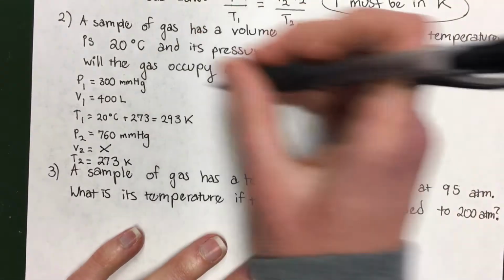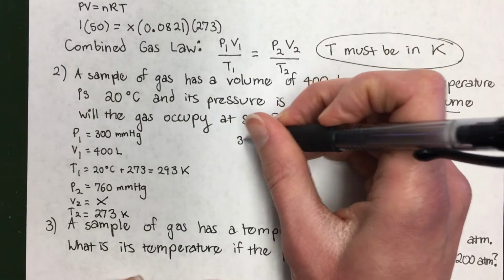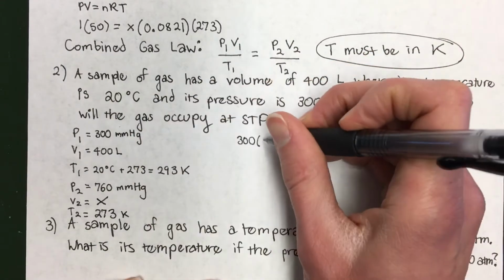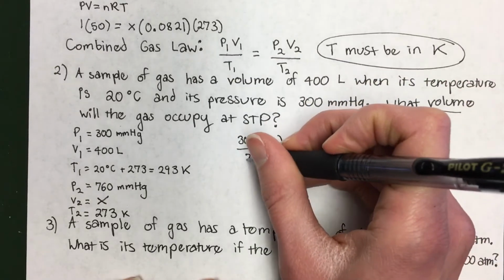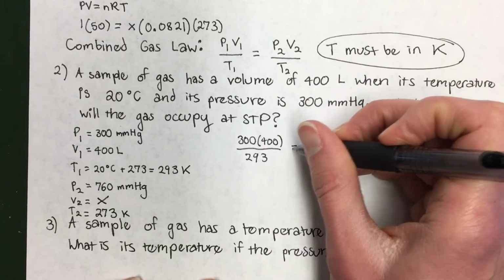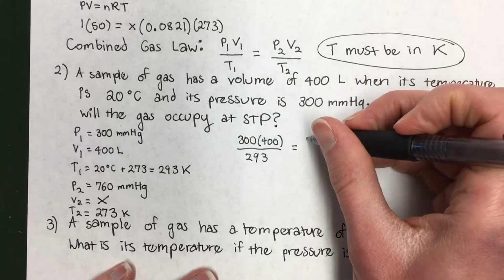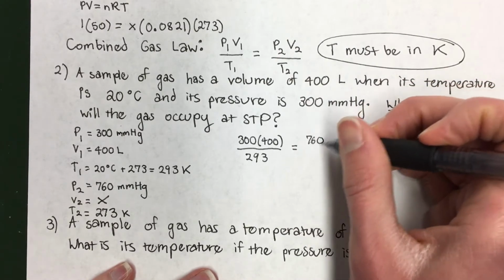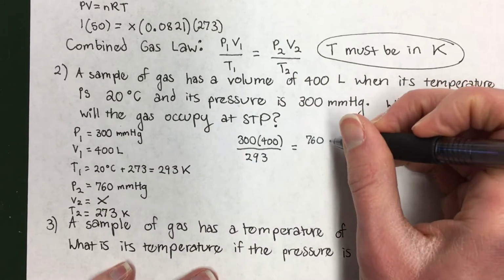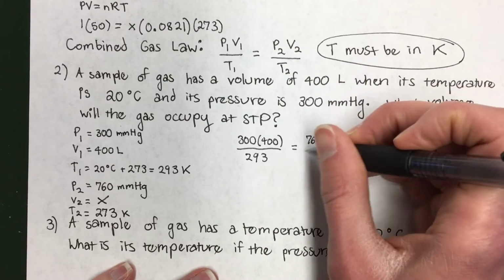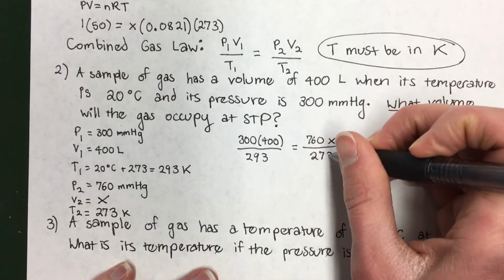So P1 is 300, V1 is 400, T1 is 293, and then P2 is 760, and then V2 is X, so you can either put X or you can put V2, whatever you want, and then T2 is 273.